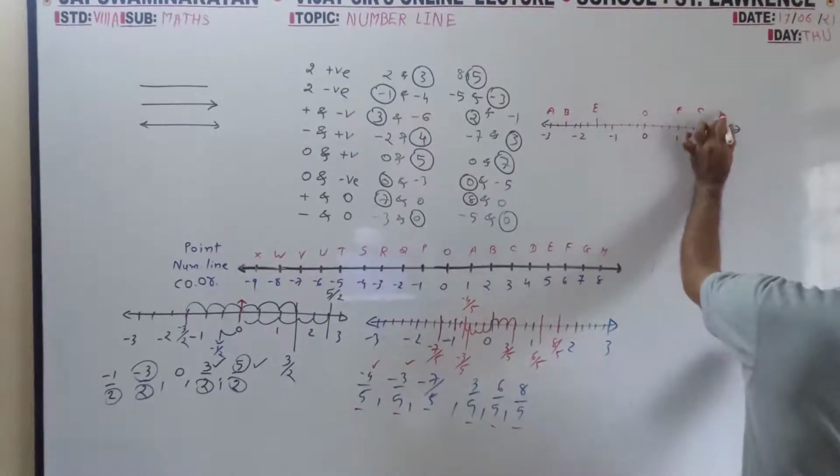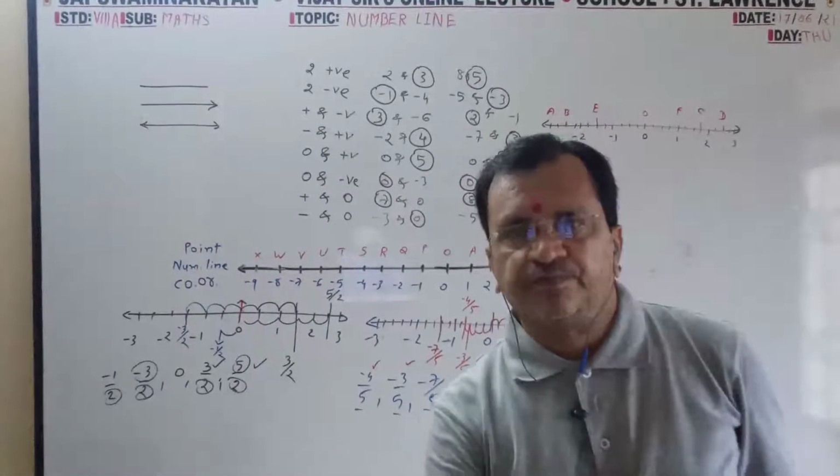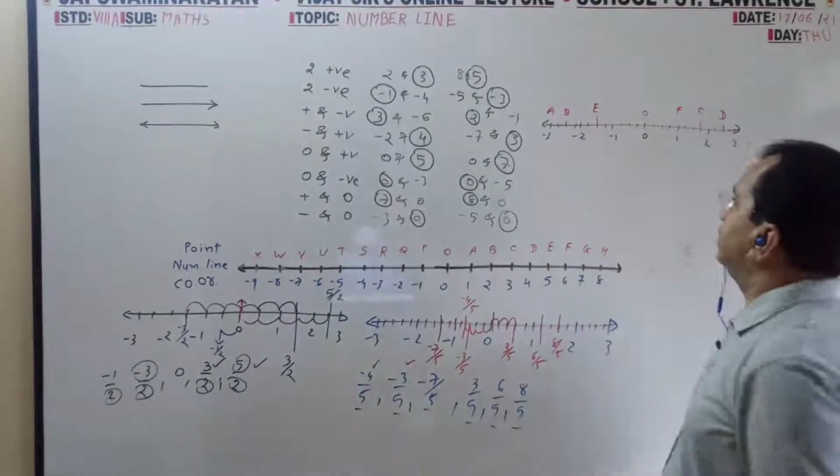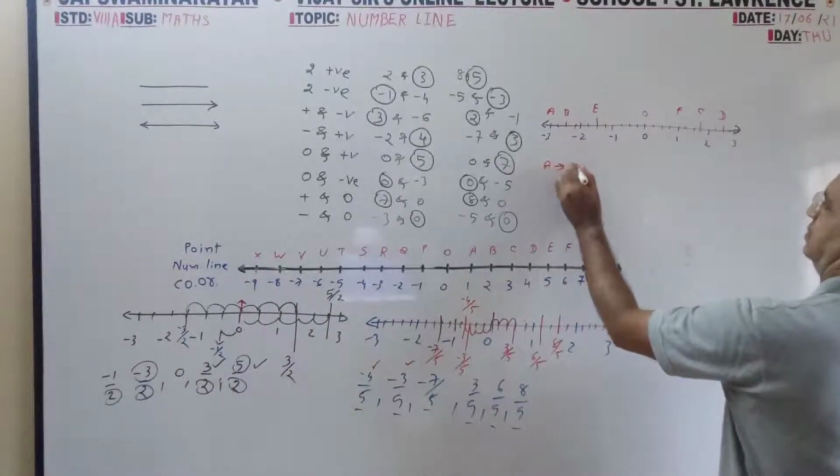D after 2 point. Now we have to find out position. What is A? A represent 3.